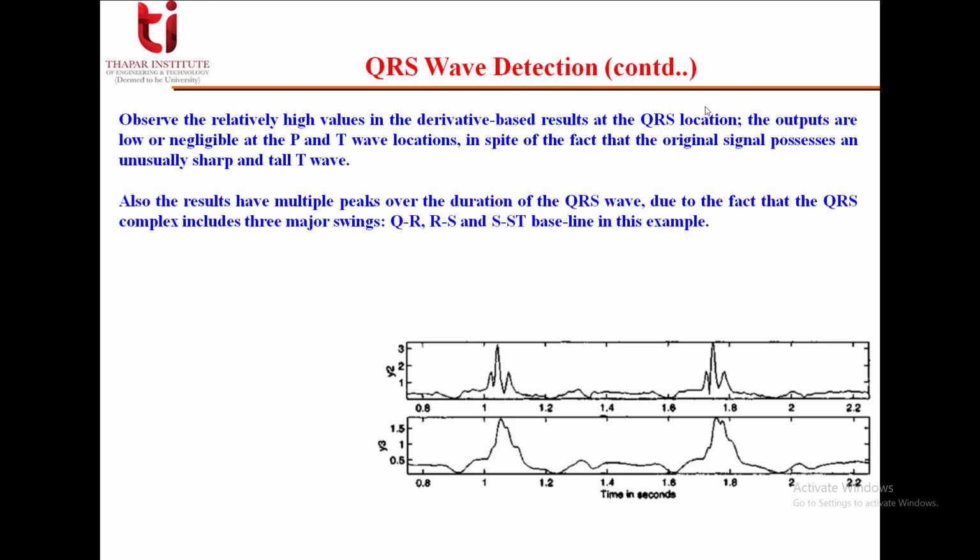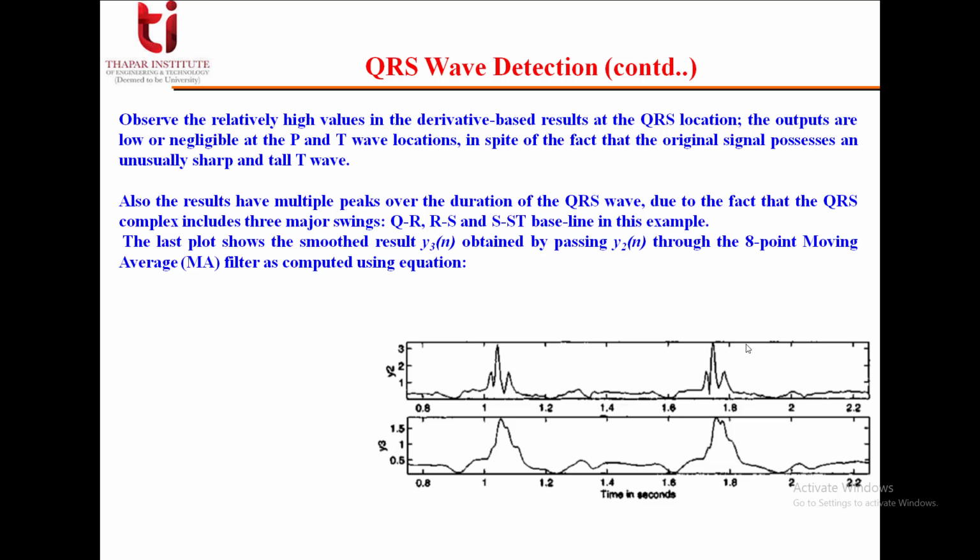Also, if we see y2(n), it has multiple peaks over the duration of the QRS wave, due to the fact that the QRS complex includes 3 major swings, that is Q to R, R to S and S to the ST baseline in this example. The last plot shows the smooth result.